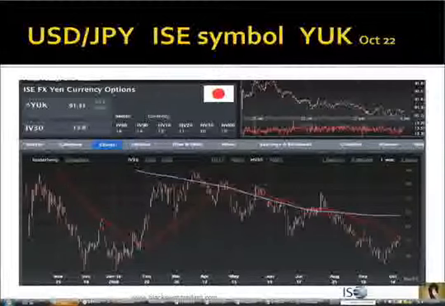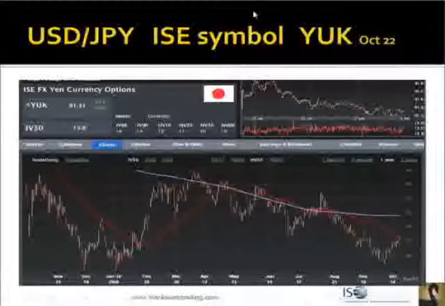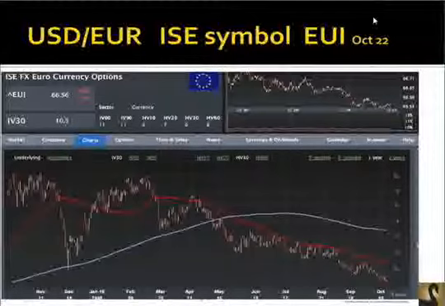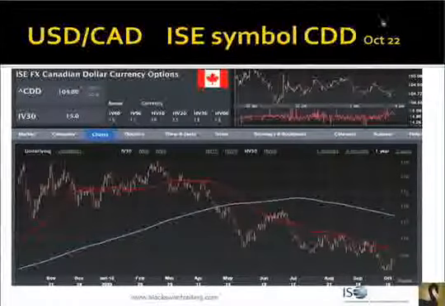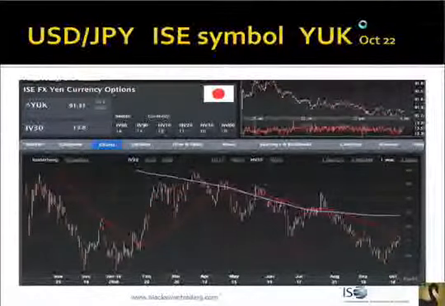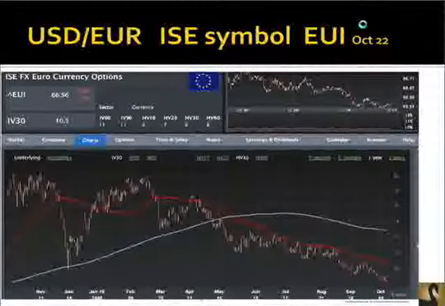Jack, let's go to the next one. Jack, can you push to the next slide? I don't think I can do it. Steve, I'm sorry, you don't see that? Yeah, I still see the yen. Did you move it? I did. Oh, shoot. Let me see if everybody else is seeing the correct chart. My computer might be frozen right now. So, next one, the euro? Unfortunately, I'm frozen here now, Jack.